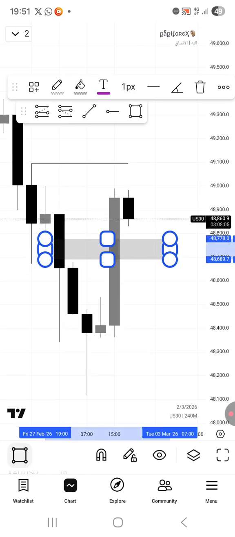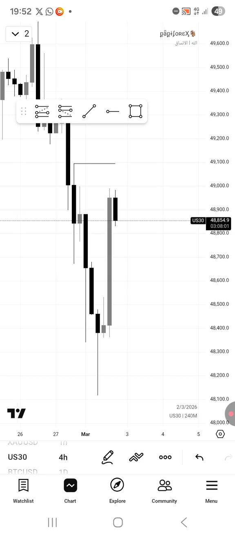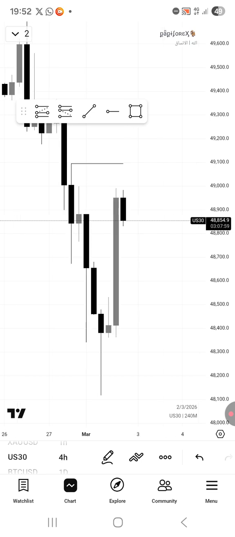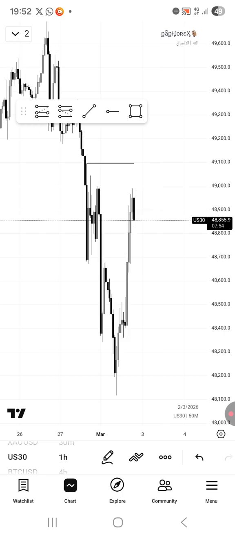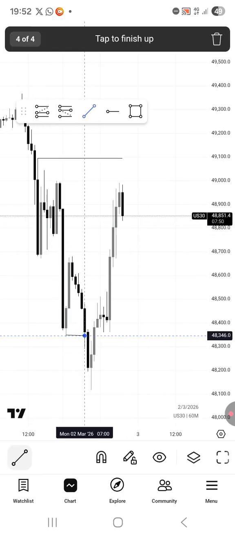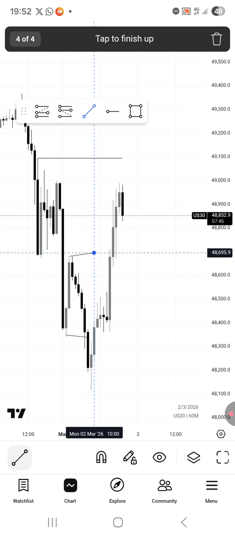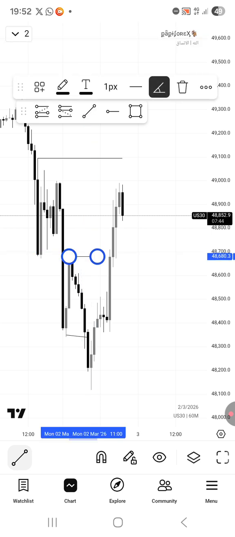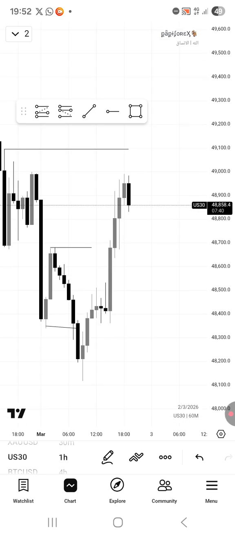Since I've marked my draw on liquidity, what am I after? Buys. I'm looking for my buy setup. We can see price swept this low, then gave a structure shift, and it's not just an ordinary structure shift, it came with a displacement.